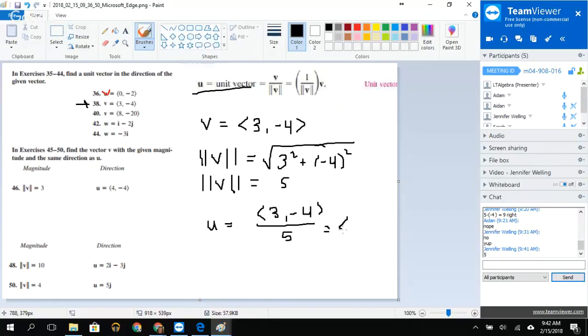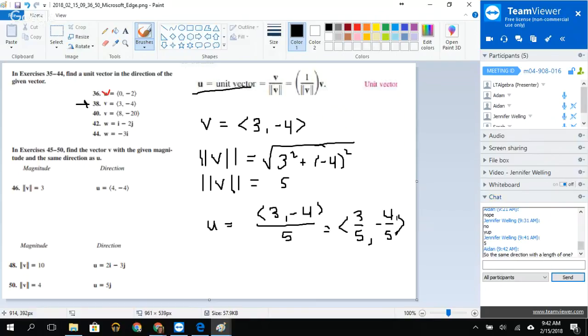So what that's going to look like is 3/5, -4/5. That's going to be my unit vector. So why we consider this as a unit vector is if you combine the horizontal and vertical components of that, you're going to end up with a unit of 1, right?